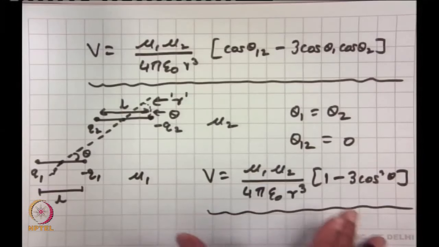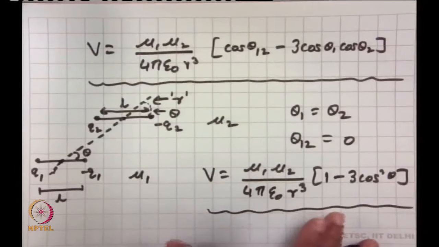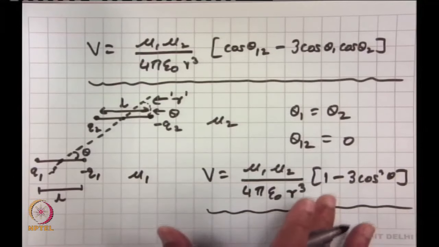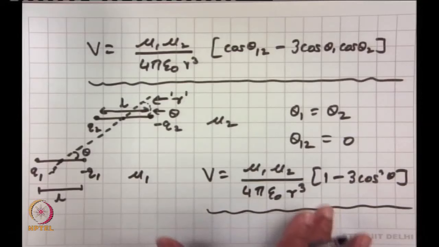But anyway, this is one of the places you can see this expression, and this expression also comes in a very important feature in fluorescence spectroscopy, which is called Foster resonance energy transfer. There also we talk about interacting dipoles which are point charges, and there this orientation also comes in.